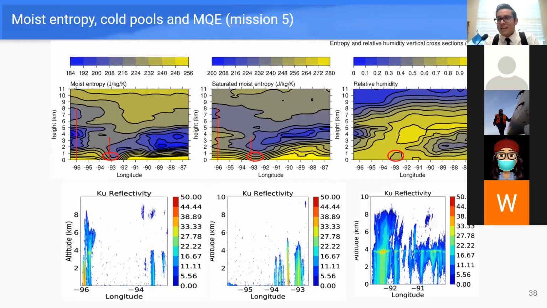So another tool to see it is finally the radar plots. These are Ku band radar plots, and they measure reflectivity. Just to give you a glimpse of what it is, ice is more reflective than water.